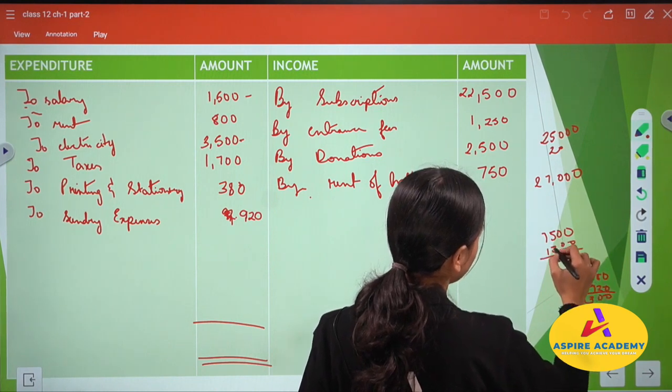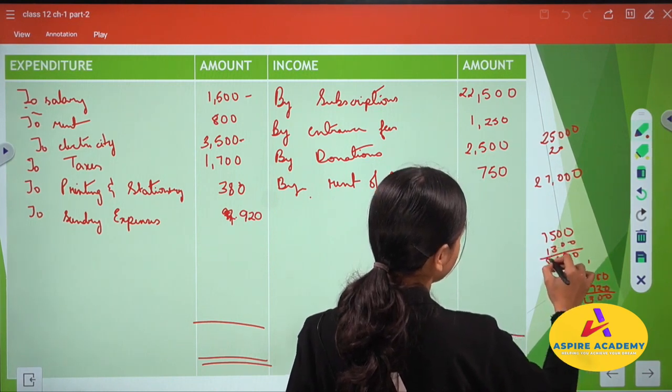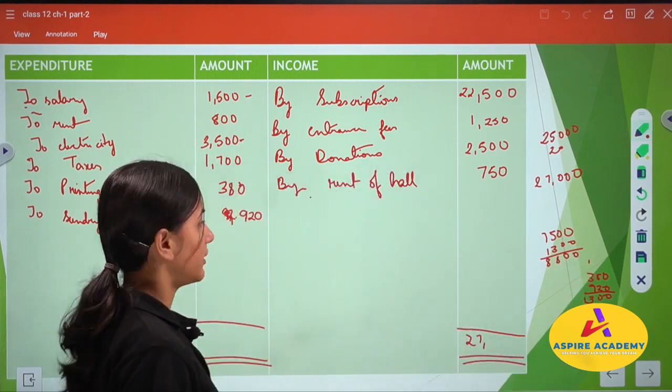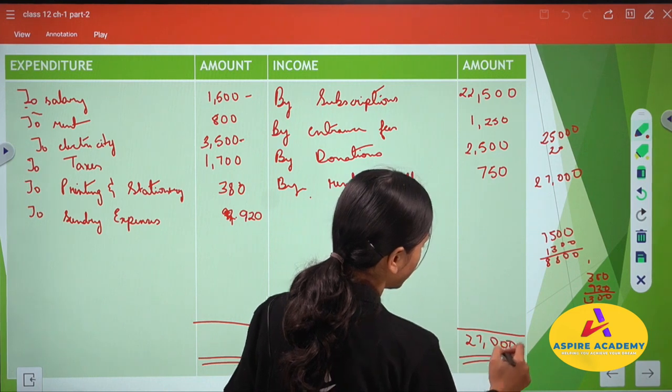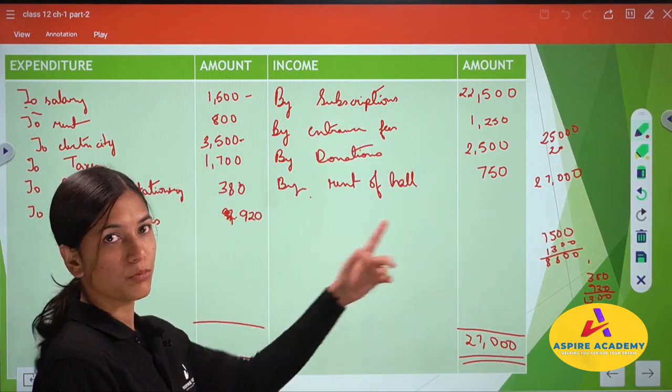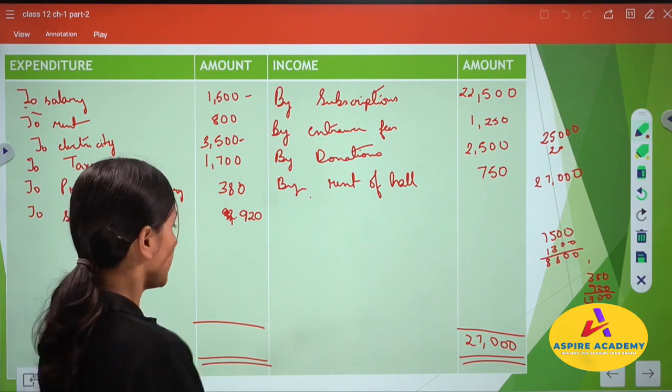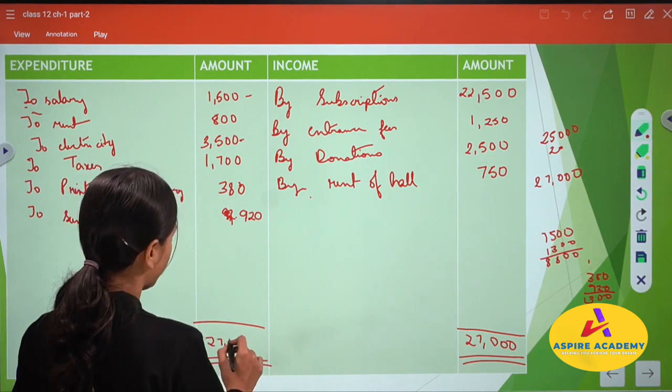So the total is 8,800. In this side the total is 27,000. So the income is more than the expenditure side. So both sides will be 27,000.